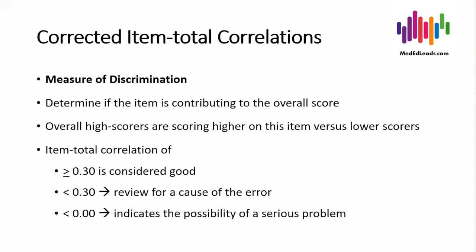Corrected item total correlations. When we review one best multiple choice MCQs, you must have heard of a term, discrimination. And when we analyze OSCEs or other complex exams, you may have heard the term item total correlations.